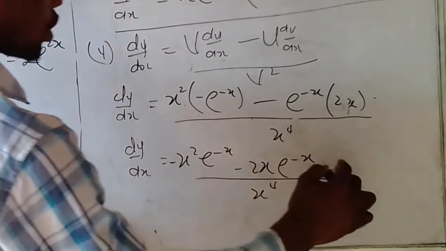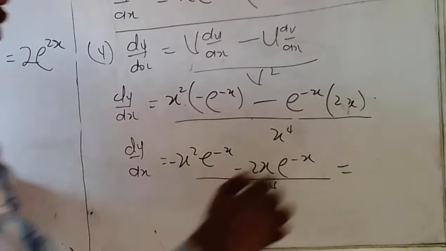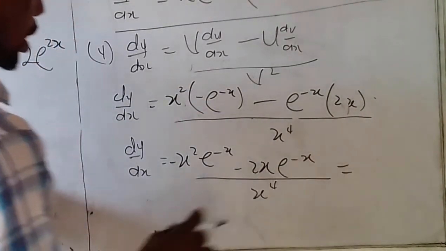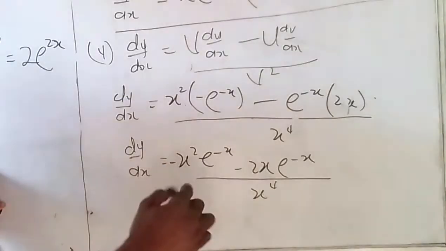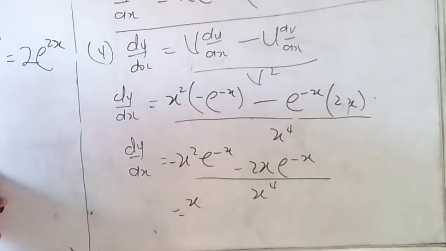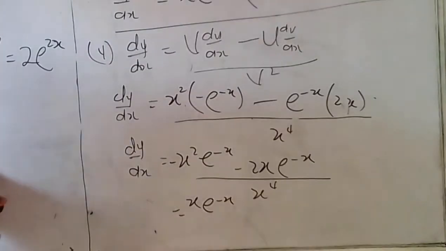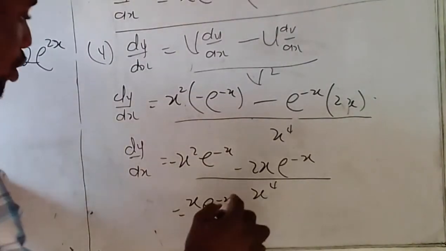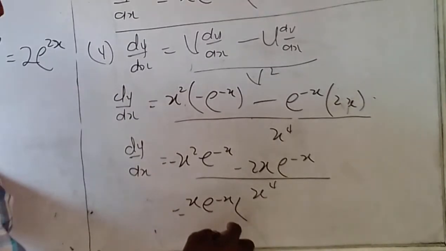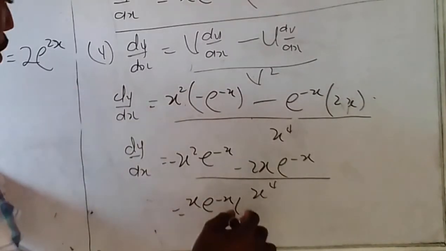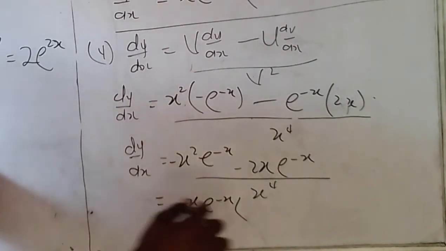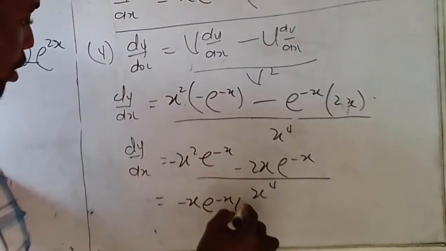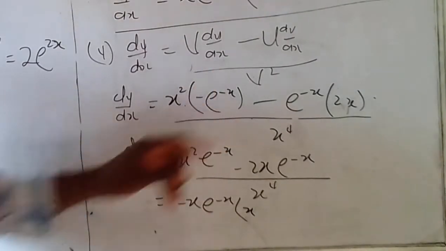Now, bringing what is common out. What is common is x. X is common in the two of them. Exponential minus x is also common. And that should be all. So what remains? You can bring minus out with it. What now remains is x. This is gone.